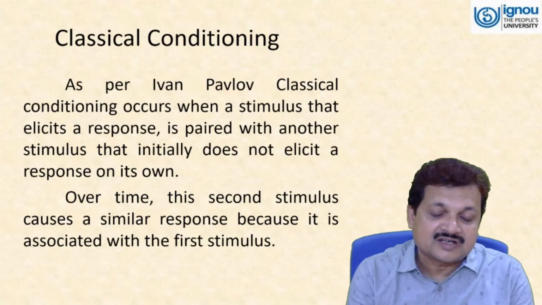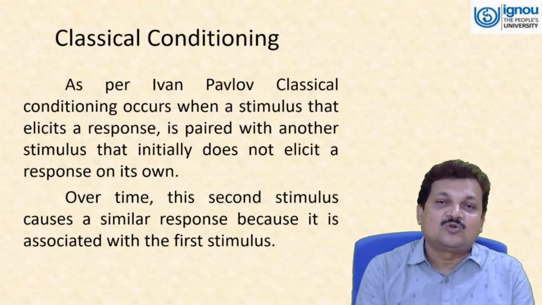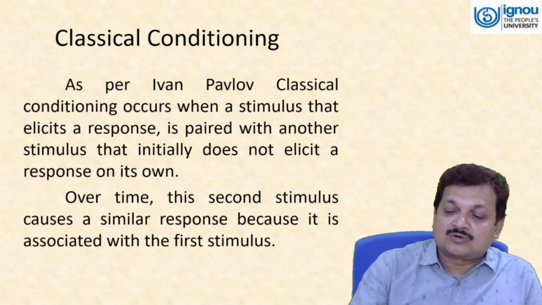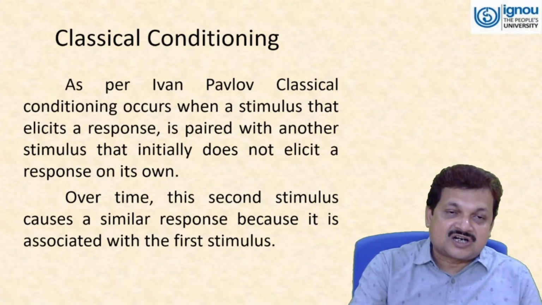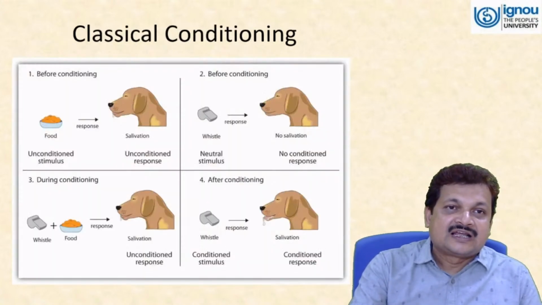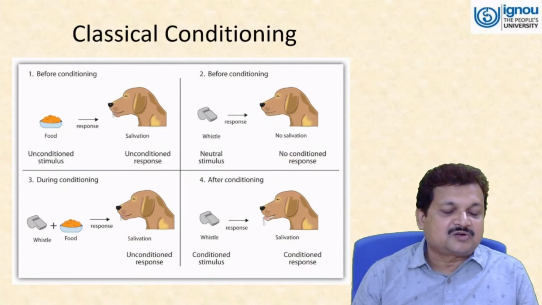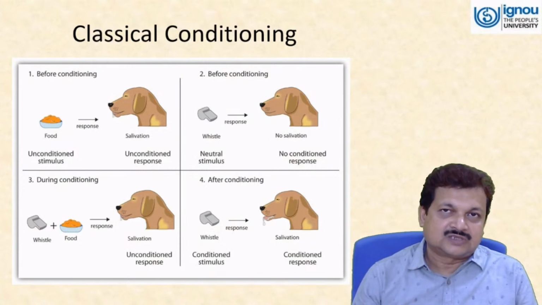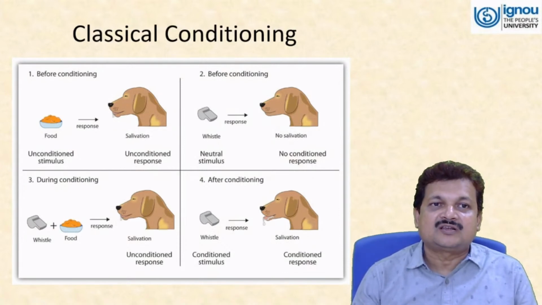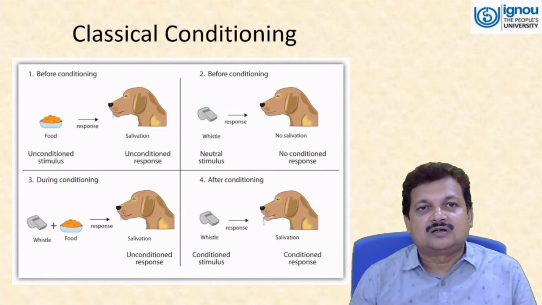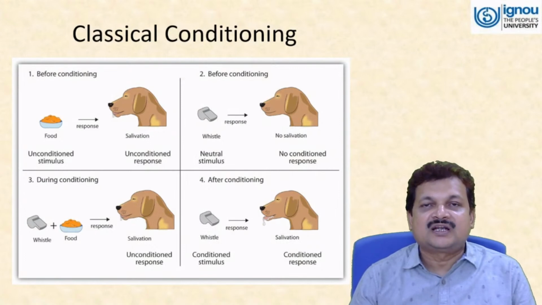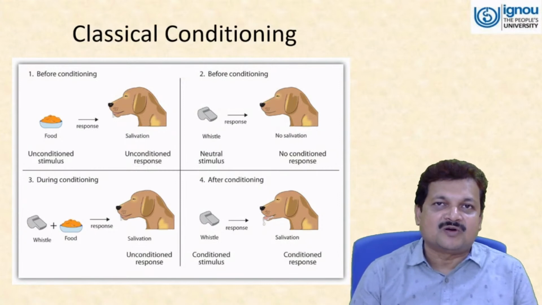For this, Pavlov did a very nice experiment that we will go through. He started this experiment with dogs. This is the picture we can understand very well. First he experimented with this concept using food. We know very well that when we provide food to dogs, mostly the dogs salivate before taking the food, and we can see from a distance that the salivation came and drops are coming from the mouth.